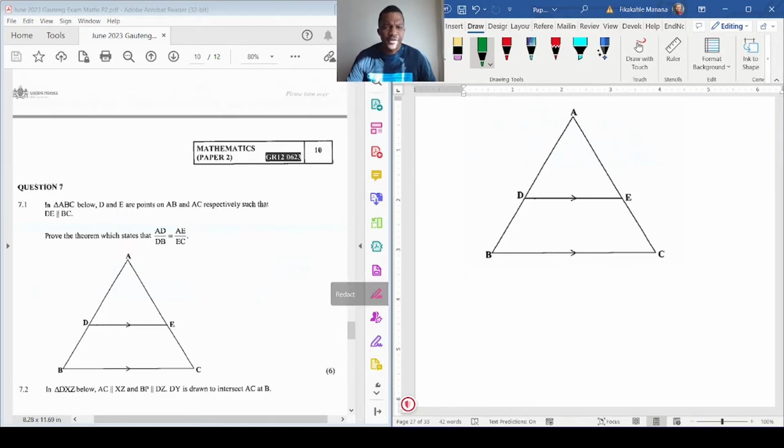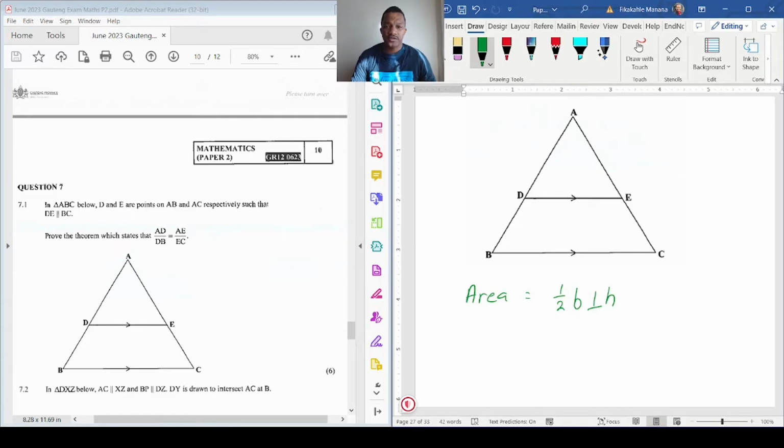Okay, now before we do this, there's certain things that I need to remind you. First of all, the area of a triangle is half base times the perpendicular height.